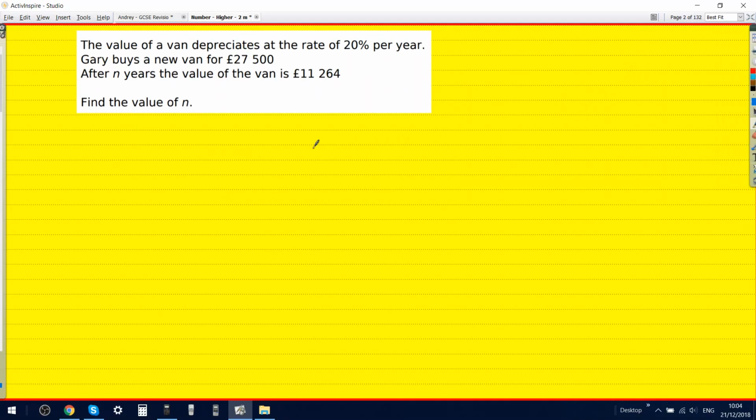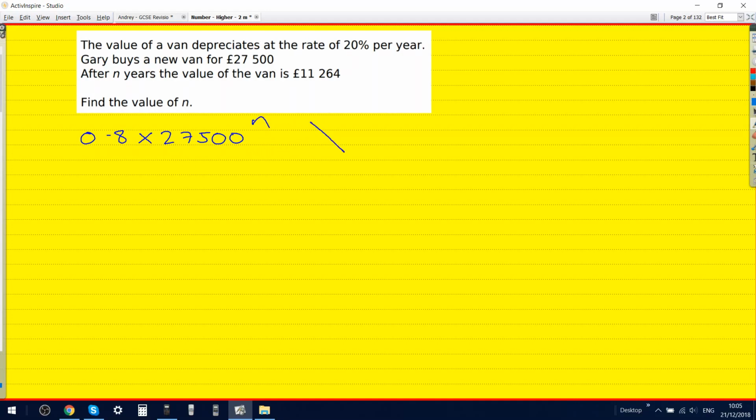Okay, so how do we go about this one? So do I need to do 0.8 times 27,500, and then to the power of something to get.